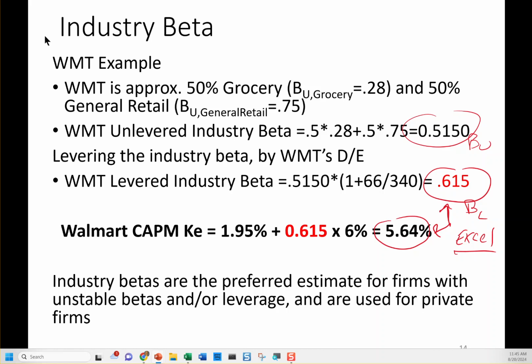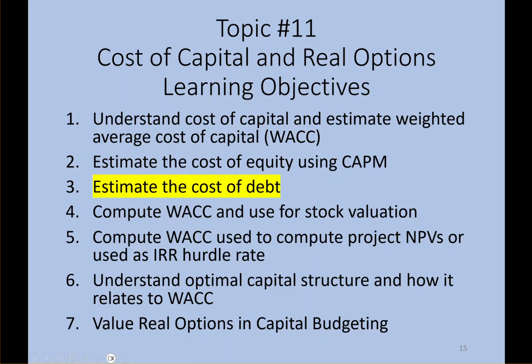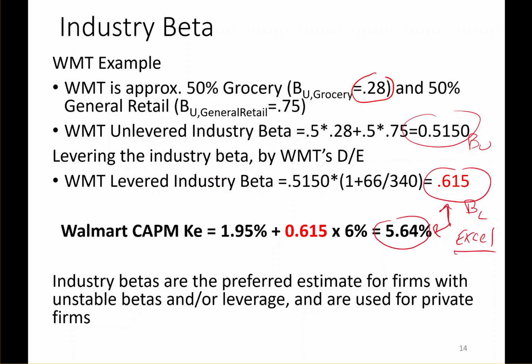So the unlevered industry beta for grocery, when I looked this up, was 0.28. The unlevered beta for general retail from Aswath Damodaran's website was 0.75. So I take Walmart, it's half a grocery store and half a general retail store. So if I use the industry unlevered beta, I would get 0.5150.